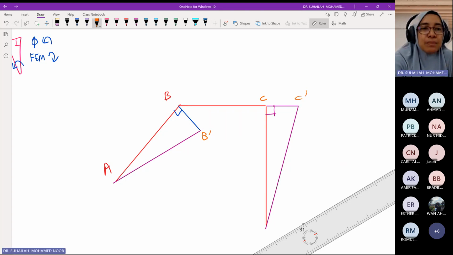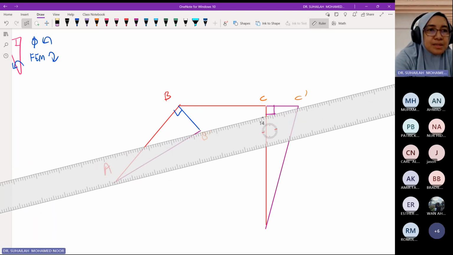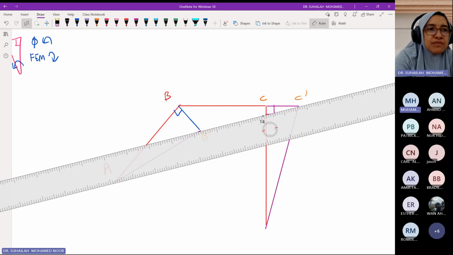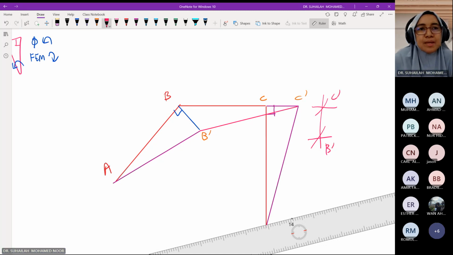Okay, now between B prime and C prime ada tak vertical distance? Ada tak vertical distance? Vertical distance ni kita measure from B prime to C prime. Okay, so in this case, sini sampai sini. Sini B prime, sini C prime.